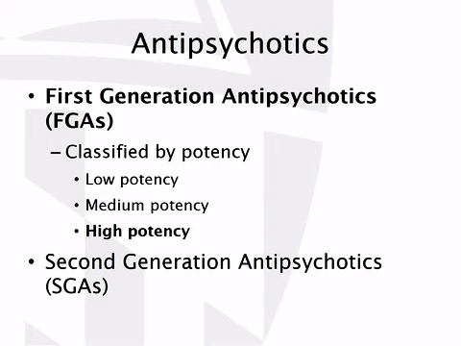Okay, so let's talk about the prototype drugs. There are two groups, as I already mentioned, the first generation antipsychotics, or FGAs. Remember, these are also called typical antipsychotics. These fall into three subcategories: low potency, medium potency, or high potency. For our lecture, we're only going to talk about one drug, and that is haloperidol, a high potency agent.